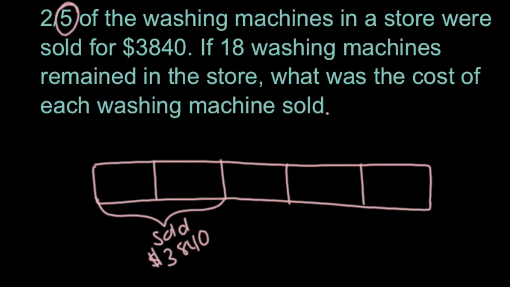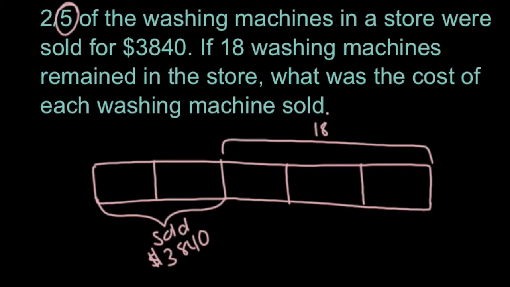The next sentence says, if 18 washing machines remained in the store, what was the cost of each washing machine sold? So I have to imagine, if there were 18 washing machines left over, how much was each washing machine sold? So we have to use this information.